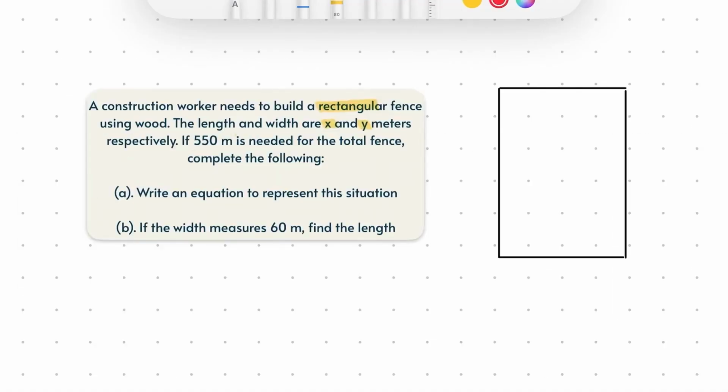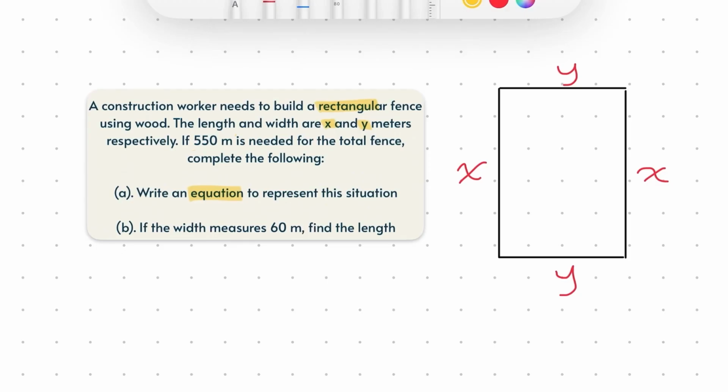So I'll now label this diagram with relevant information. We know that the length is X meters and the width is Y meters. So how can we use this information to solve part A, which asks us to write an equation to represent this situation?